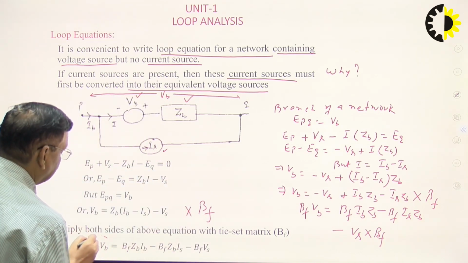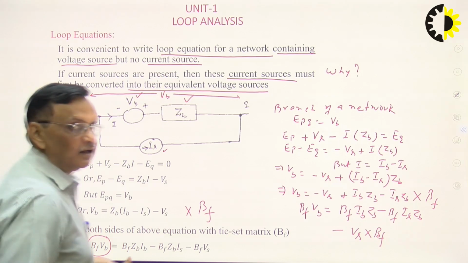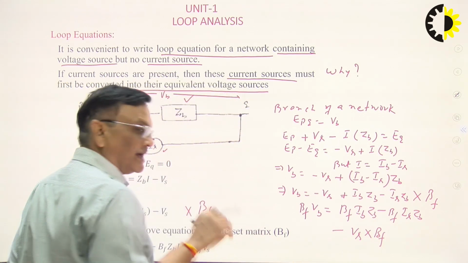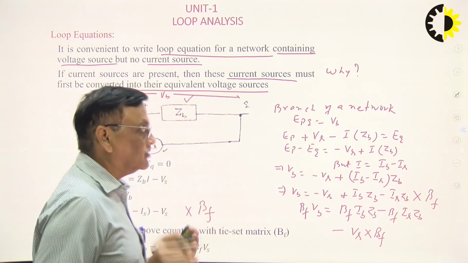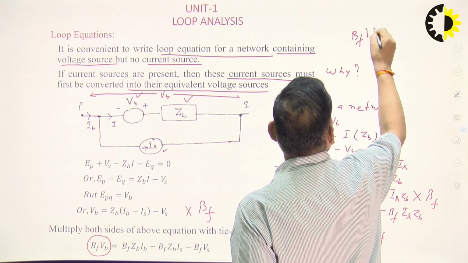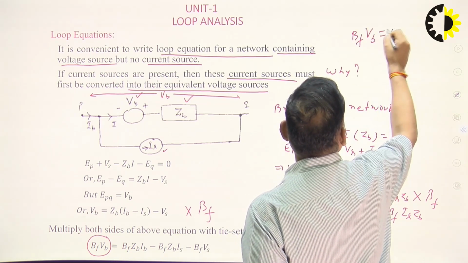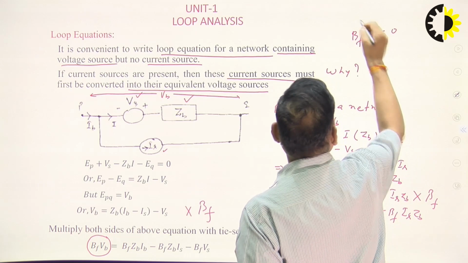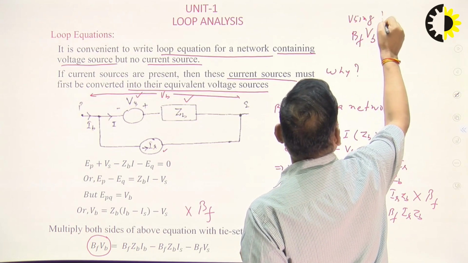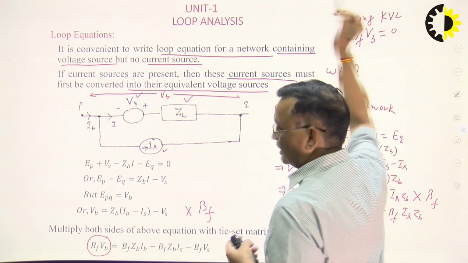Basically, this is Kirchhoff's voltage law in a loop. If we apply Kirchhoff's voltage law in the loop, we get BF into VB equal to 0, using KVL.